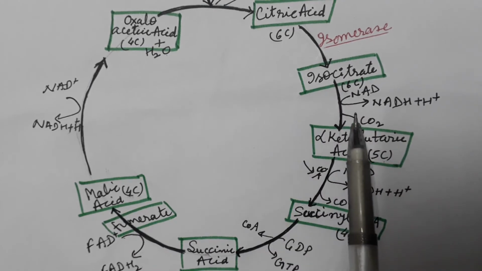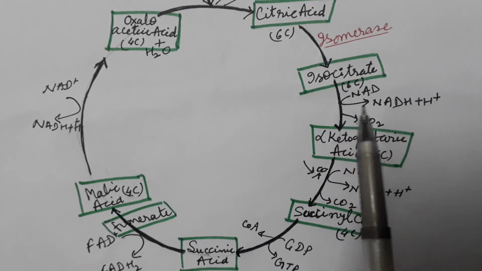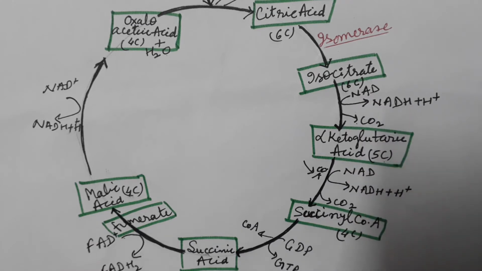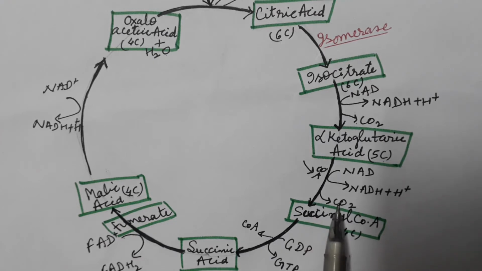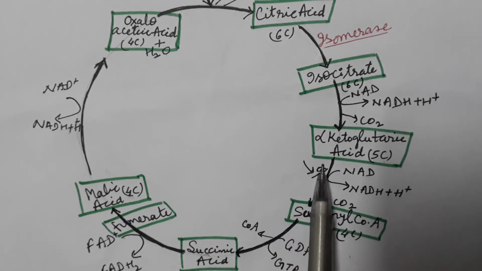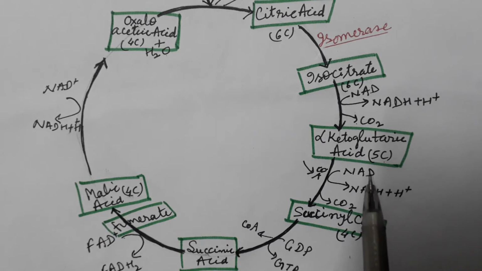So 1 molecule of CO2 is released and 1 molecule of NAD is reduced to NADH2. In the next step, alpha ketoglutaric acid is converted into succinyl coenzyme A, which is a 4 carbon compound, while alpha ketoglutaric acid is a 5 carbon compound. So 1 molecule of CO2 is released, 1 molecule of coenzyme A is used in the formation of succinyl coenzyme A, and in this step also 1 molecule of NAD is reduced to NADH2.